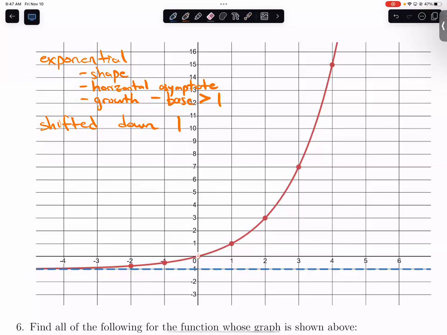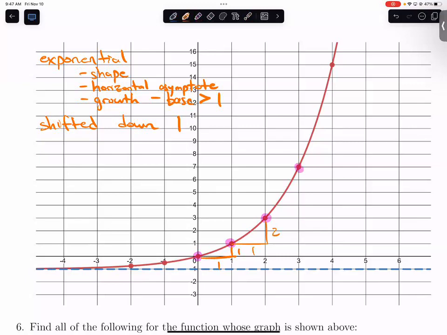Let's look at some points. From here to here, how far over did we go? And how far up? 1, 1. Okay, what about from there to the next point? Over 1, but up 2.